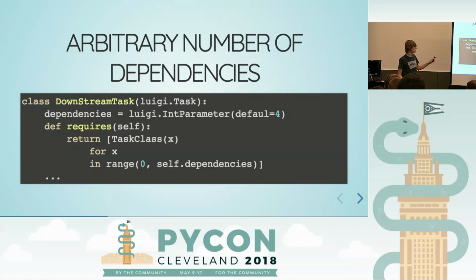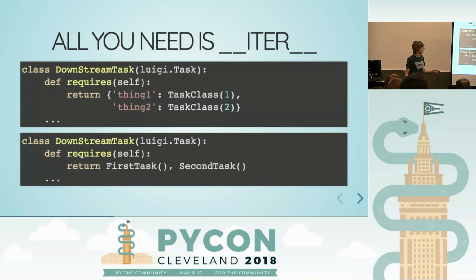Not only that, but in these last two examples, we've been using a list to specify what all of our dependencies are. And we don't necessarily need to have a list. You can have just any sort of iterable item. So in this instance, we can use an actual dictionary to define all of our dependencies. That way, you have an actual key associated with what your upstream dependency is.